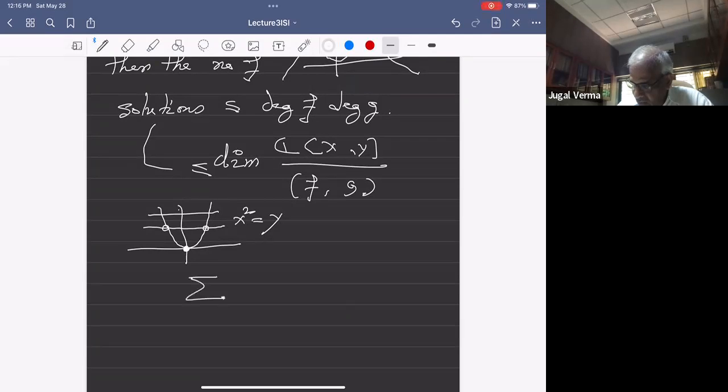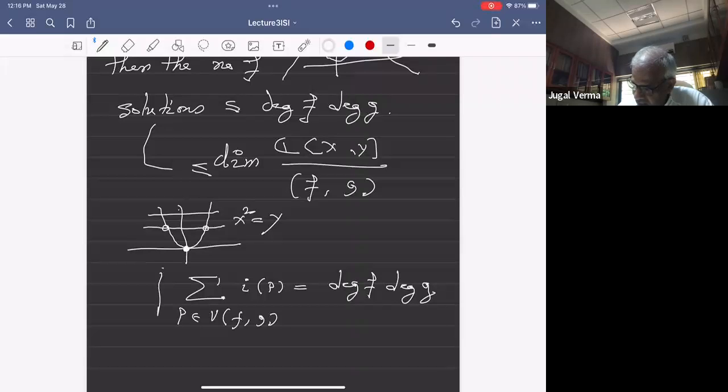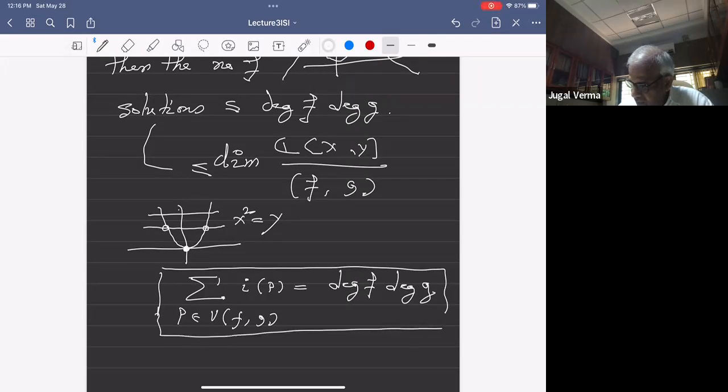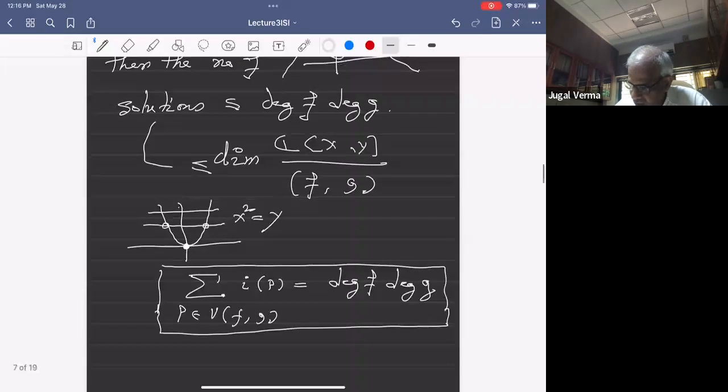If I know the points in the variety of F and G, and I add up the intersection multiplicity at those points, it is the product of the degrees. I will not go into this precise statement. I will only explain the upper bound. Okay, so this is the classical theorem of Bezout.